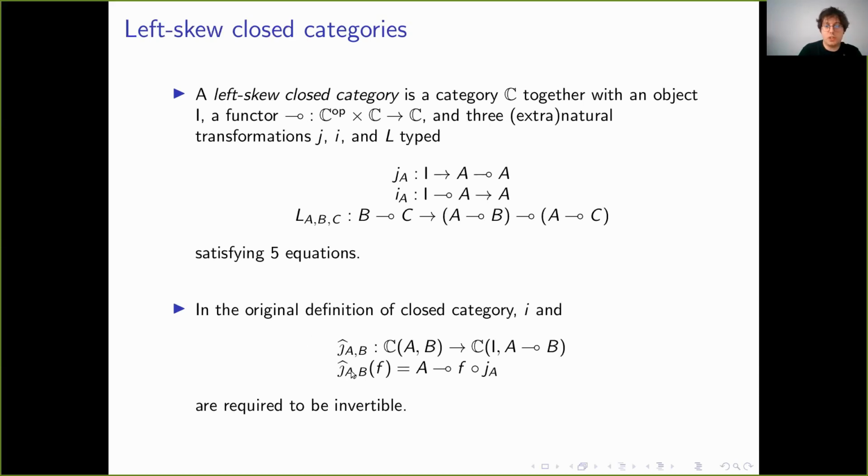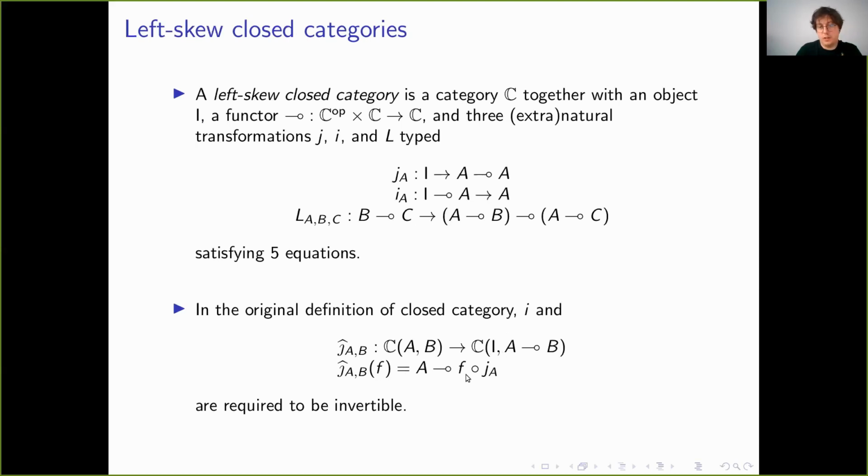But in the original definition, one also requires something that can be derived from J to be invertible, which is this J hat, which takes a morphism from A to B in C and returns a morphism from I into A lolly B. So somehow it's a way of turning an external morphism into an internal morphism.